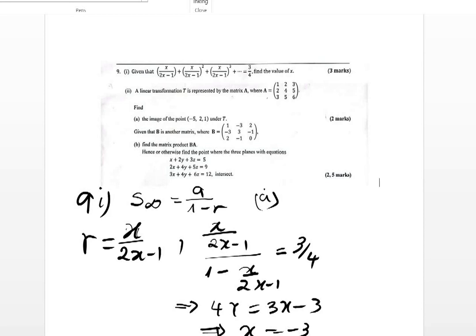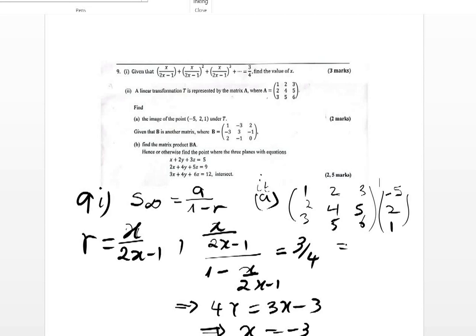of Roman 2. Okay, means we take that same matrix 1 2 3, 2 4 5, 3 5 6, you multiply by negative 5 2 1. Now when you are multiplying by negative 5 2 1, that gives the image of that point.